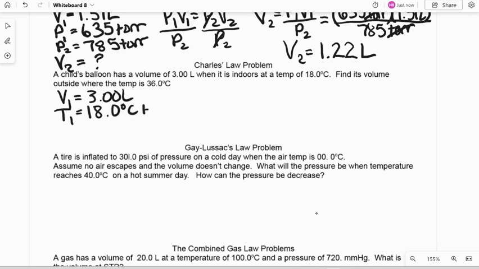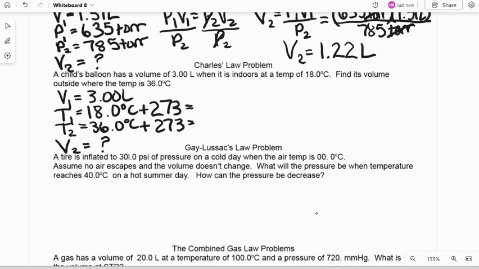I'm going to right away turn that into Kelvin. Remember, all of my temperatures have to be in Kelvin. Also change the outside temperature right to Kelvin. And we're going to find the new volume.